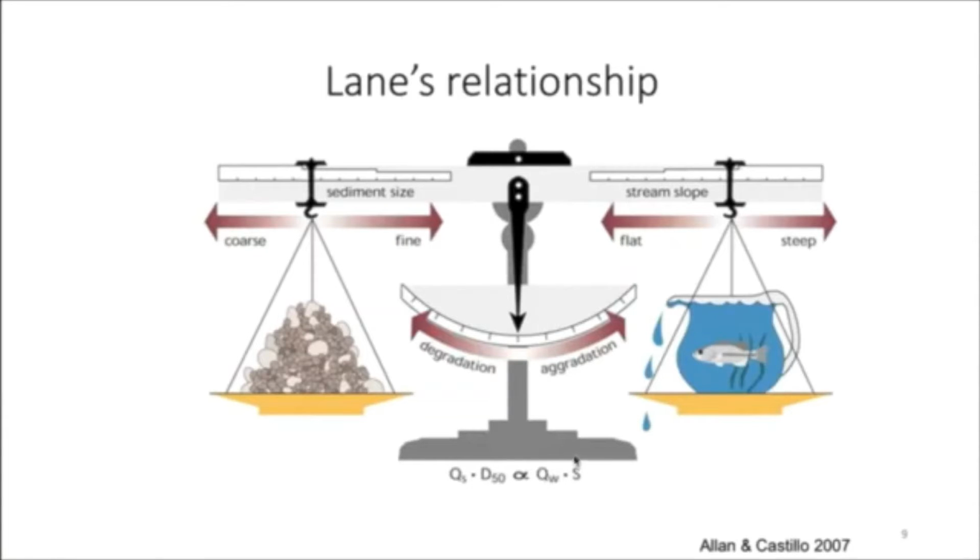In other words, as the volume of water increases and the slope increases, you will have a larger amount of sediment and more stream power to move heavier rocks and boulders.